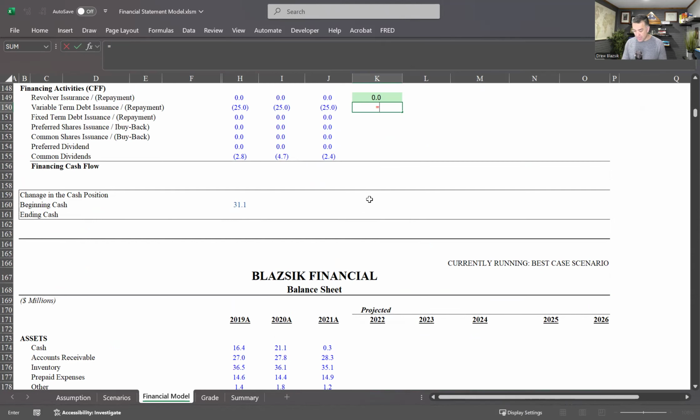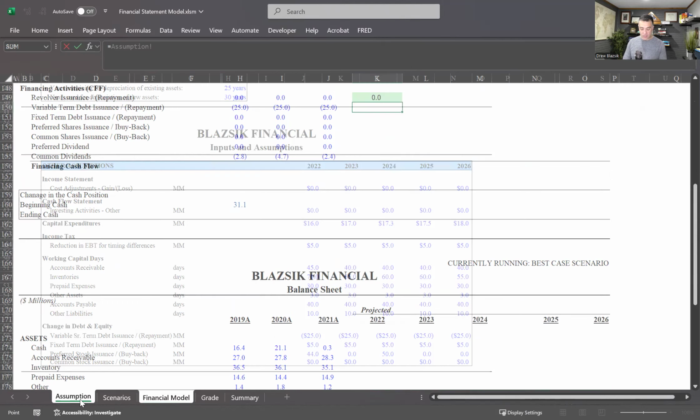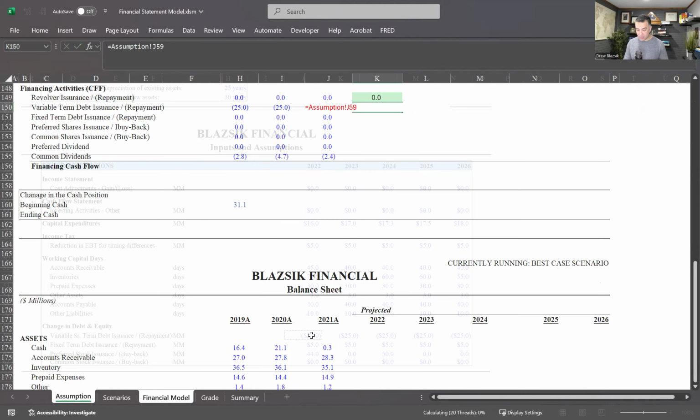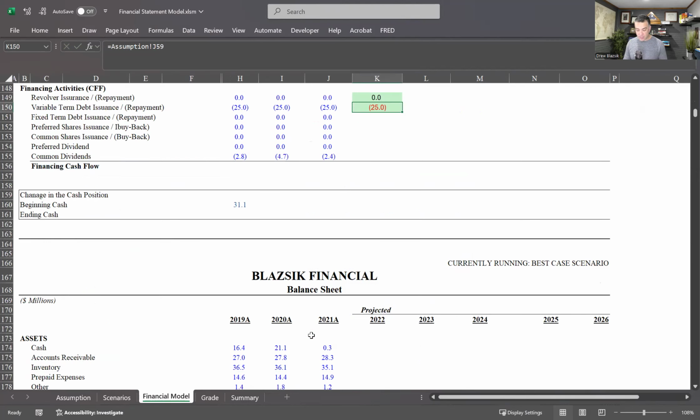Next is our variable debt. Now, this is in our assumptions page. If you look at it, I put this in order just like the order on the cash flow statement. I have variable debt, fixed debt, and this is all for issuance or repayment of debt or buyback of stock. So I have all 4 of those in a row. And if you notice on the cash flow statement, they're all in a row.